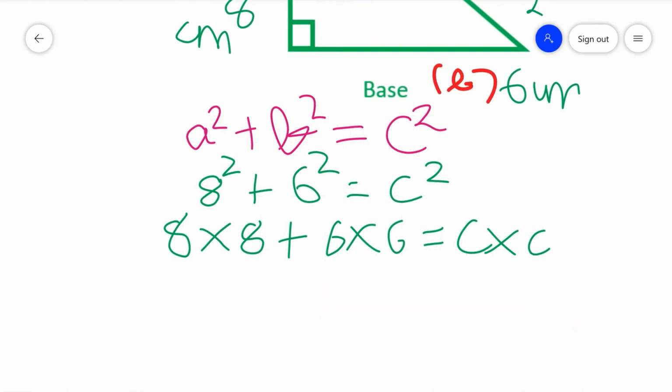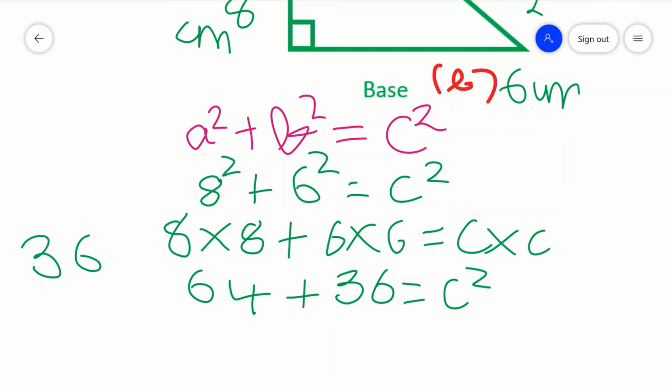So 8 into 8 is 64 plus 6 into 6 is 36, which is equal to C square. 36 plus 64 is nothing but 100. If you want, you can solve it on the side.